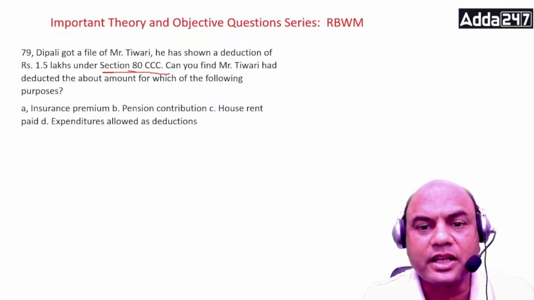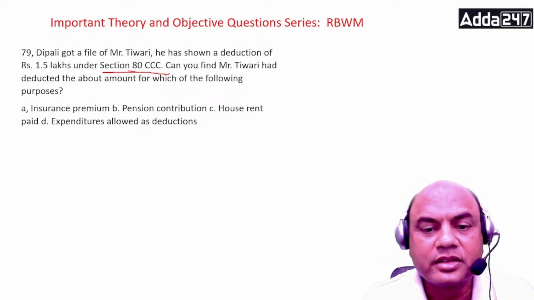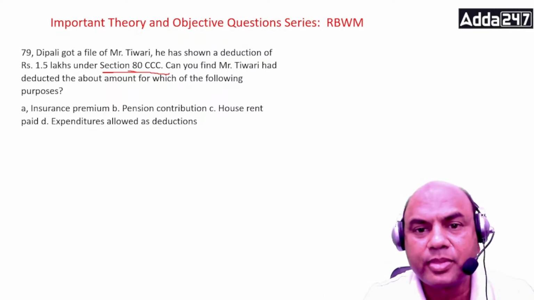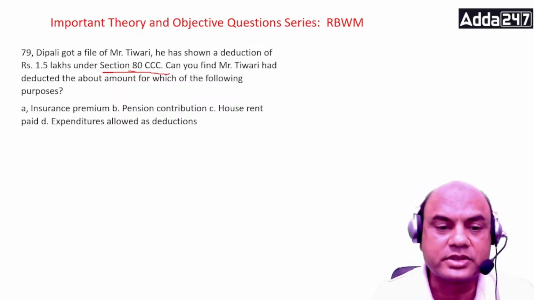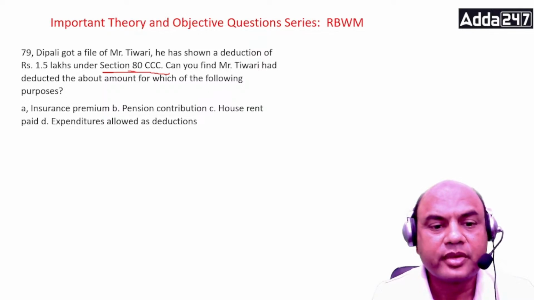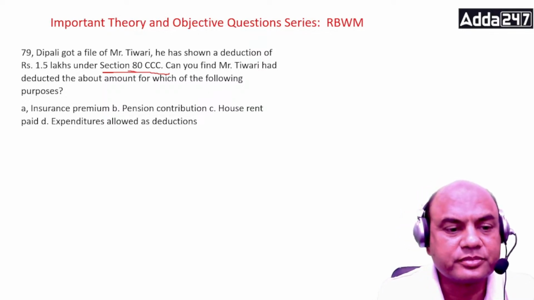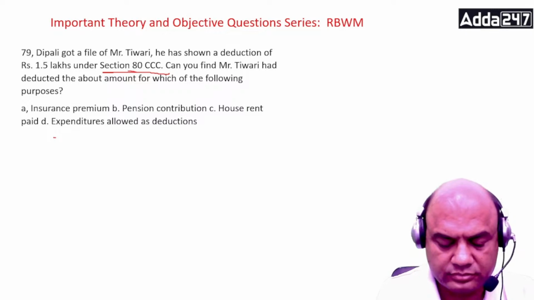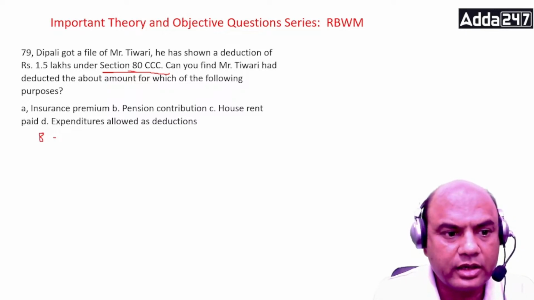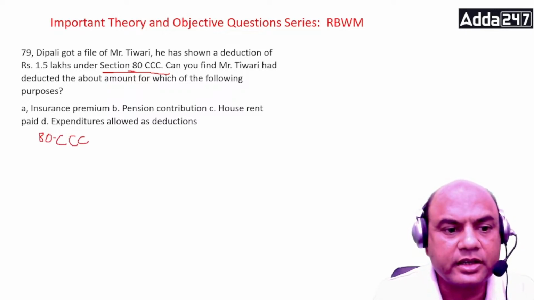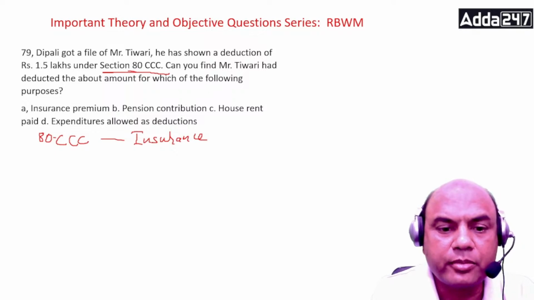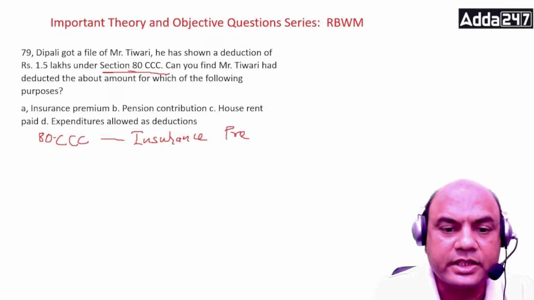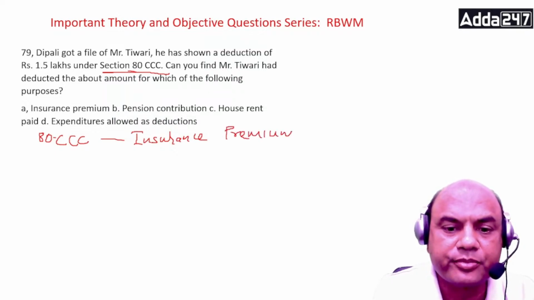These subsections are 80CCC, that is for insurance premium. 80CCD. Now I'm giving you others also. See this, I'll write it over here. 80CCC. It is for insurance premium. Okay, 80CCC is for insurance premium.